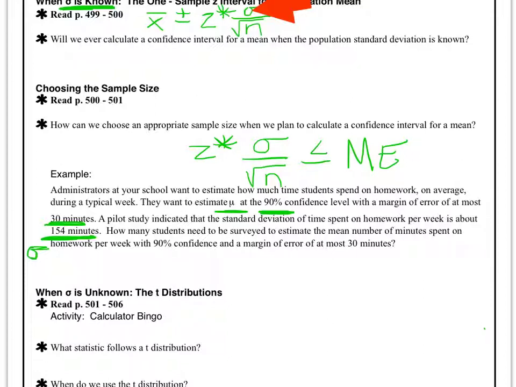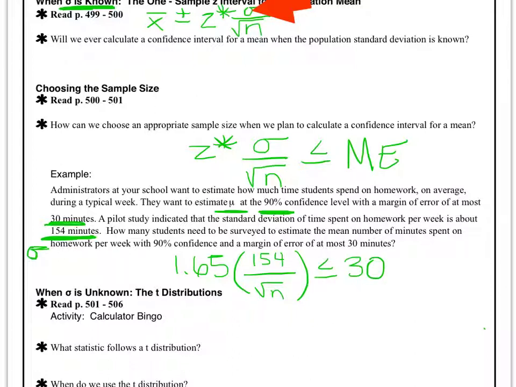So if I plug these things in, if I want a 90% confidence level, that means that my z-star value is going to be 1.65. And I get that by plugging into inverse norm, either 0.05 or I get it by plugging in 0.95. Then I say this standard deviation that they gave me from the pilot study over the square root of n, and I want that to be less than or equal to the 30 minutes.